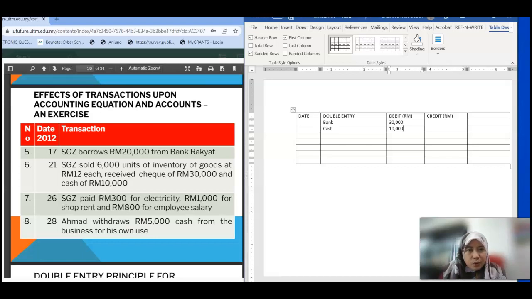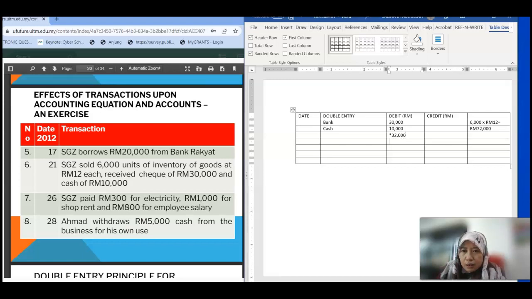However, when you read this question, if you calculate the 6,000 units sold times 12 ringgit, it is equal to 72,000 ringgit. But when you look at this transaction, the amount of money received in terms of check and cash is only 30,000 and 10,000, meaning there is a balance of 32,000.